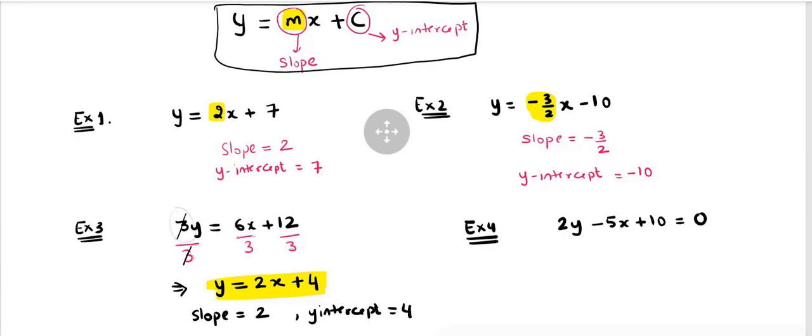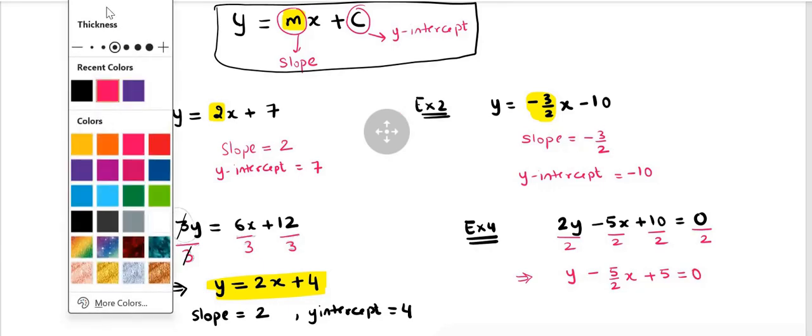But here it is 2. So divide all the numbers by 2. This gives you the equation as 2 cancels with 2, y minus 5 over 2x plus 10 divided by 2 is 5 equals 0 divided by 2 is 0.